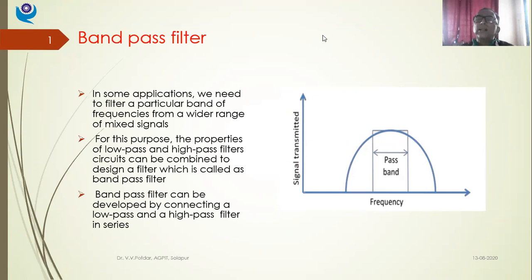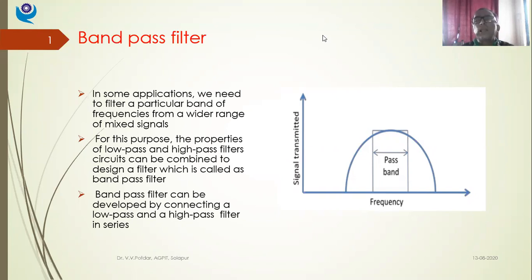In signal conditioning, we studied various types of amplifiers, and now some protective circuits we studied, and now we are into filtering circuits. And in those filtering circuits, we have studied low frequency pass filters and high frequency pass filters in the last class. Now today we'll study two more filtering circuits.